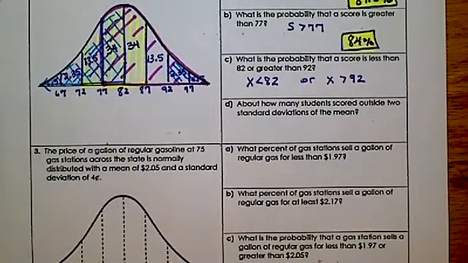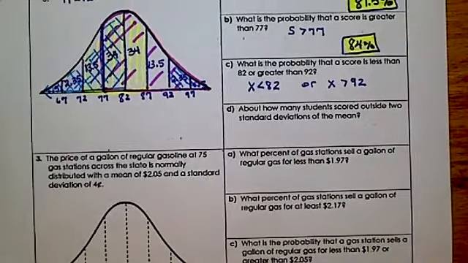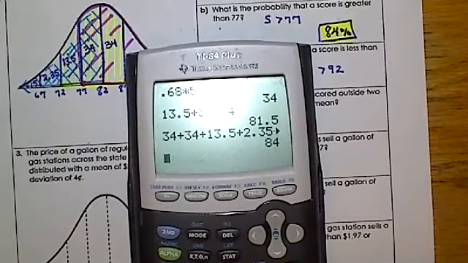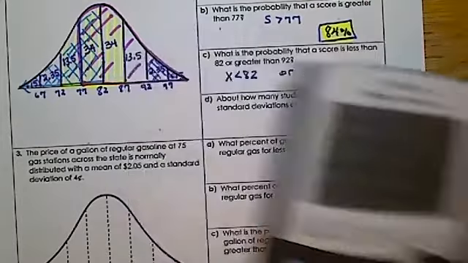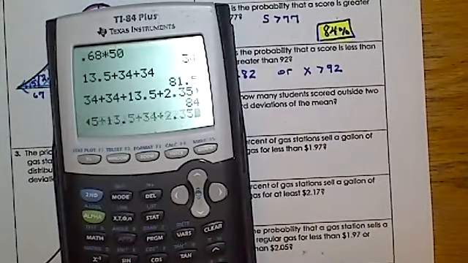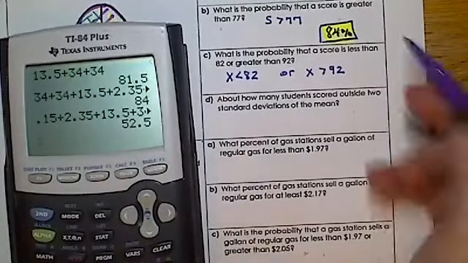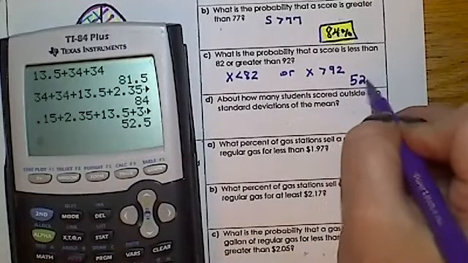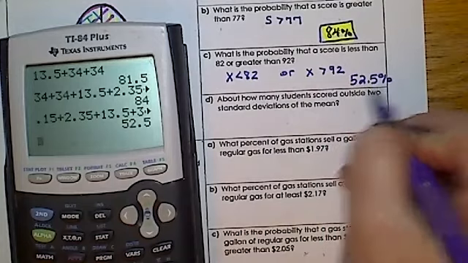So I would add that blue portion. So I would have a 0.15, a 2.35, 13.5, 34, 2.35, and 0.15. So that gives us 52.5%.